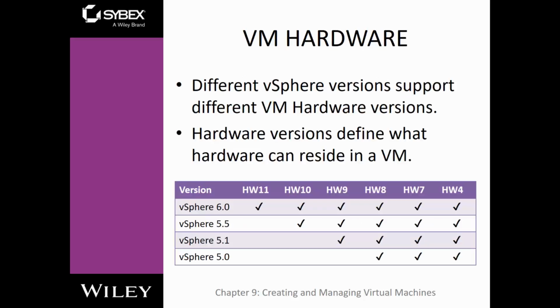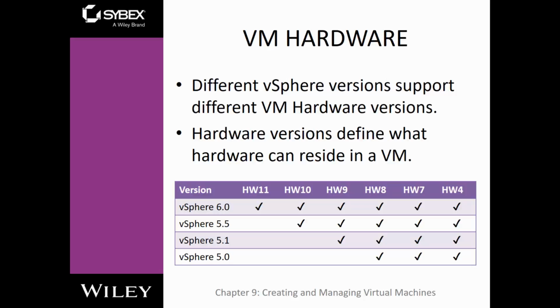What gets kind of interesting is the different types of VM hardware versions, because depending on the hardware version, you may again have different types of CPUs allowed, different amounts of CPUs allowed. So make sure you understand what hardware version you're working with and what hardware version your vSphere is able to work with.